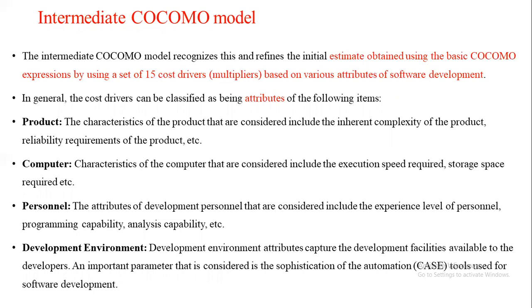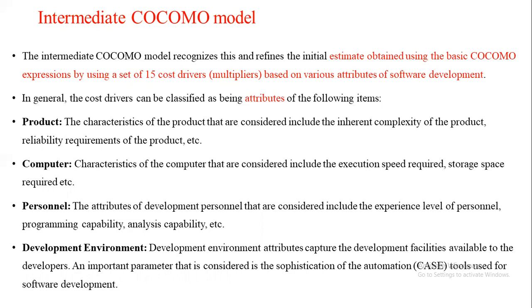So in intermediate COCOMO, we use all the other cost drivers based on which the effort and the development time may change. For example, the product, the size of the project, the development environment, and the experience level of the person.